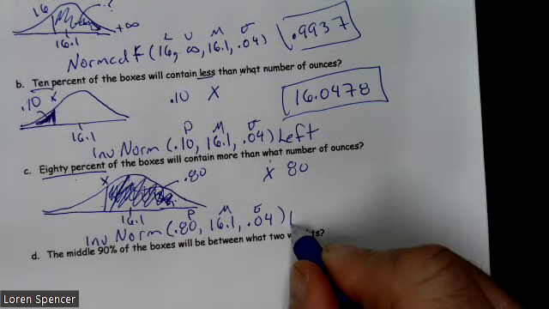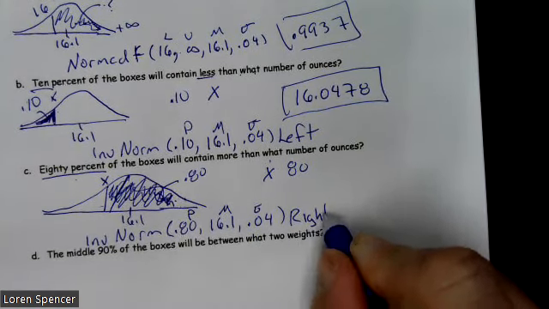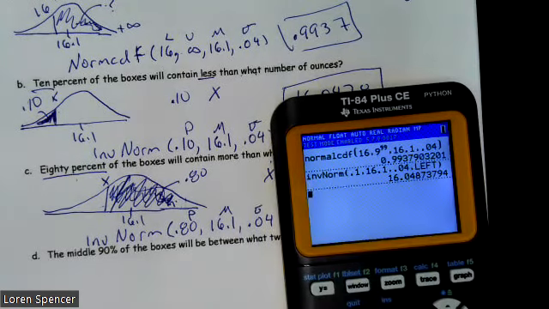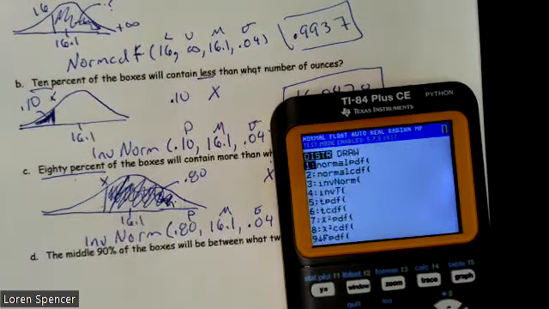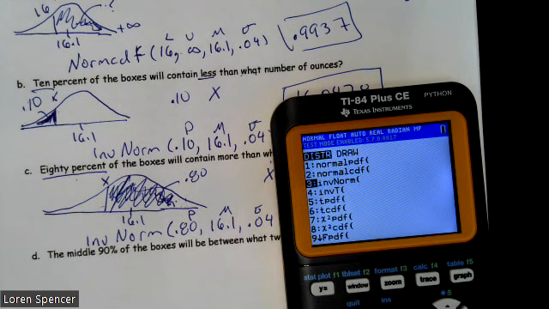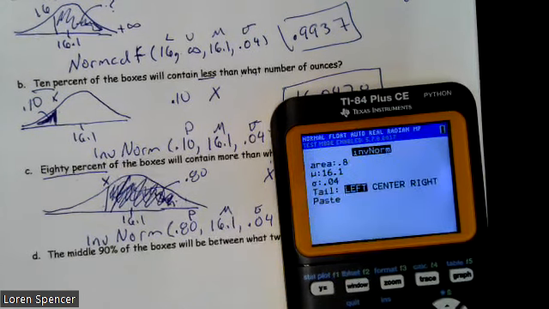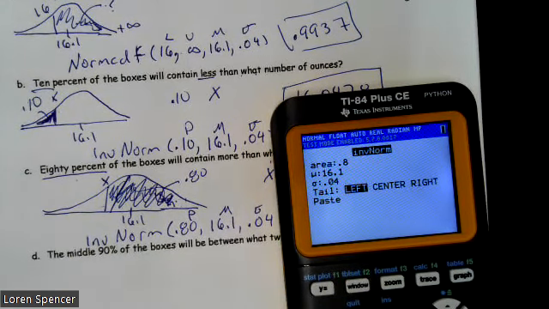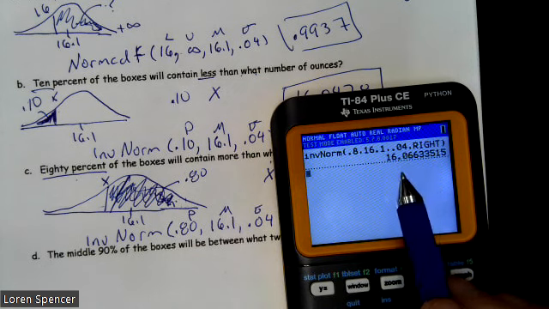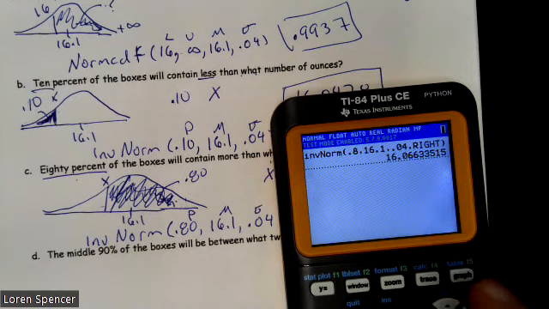And so if we're starting at the top, that means we're on the right-hand side. So we're shading from the right. So second vars, inverse norm, 0.8, mean is 16.1, our standard deviation is 0.04, and we're shading from the right. So 16.0663.